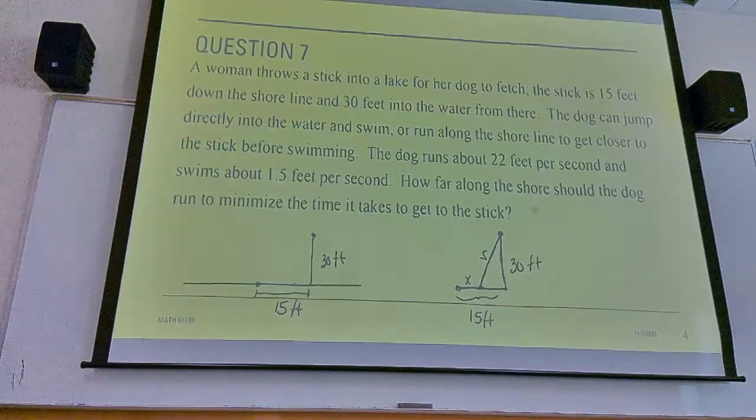We are trying to minimize time. What is the total time going to be?